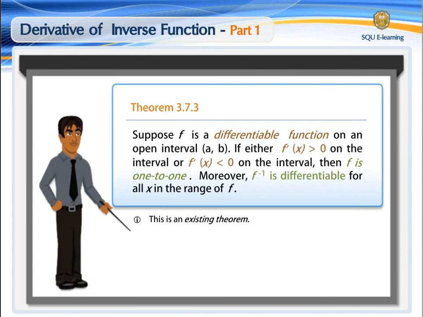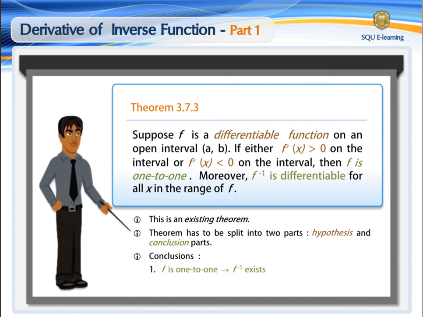As with any other theorem, you need to split it into two parts, the hypothesis and the conclusion. The hypothesis here is the words written in brown. First, your function has to be differentiable. Second, it has to be increasing or decreasing, that means the derivative has to be positive all the time in the interval or less than 0 in the whole interval.